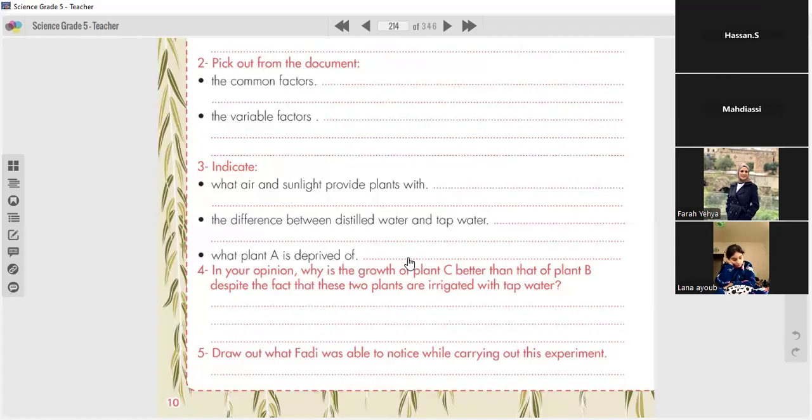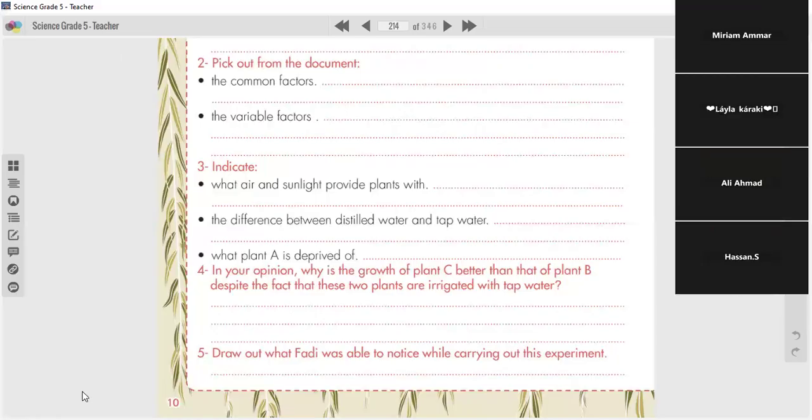We want to put mineral salts because that makes the plant grow normally. Okay, exactly. We can't put cotton.